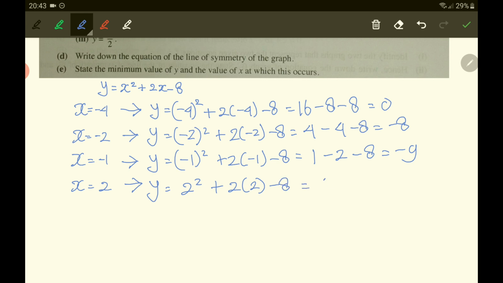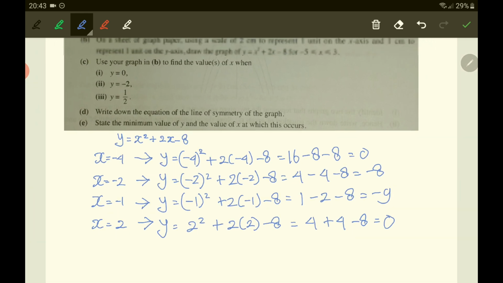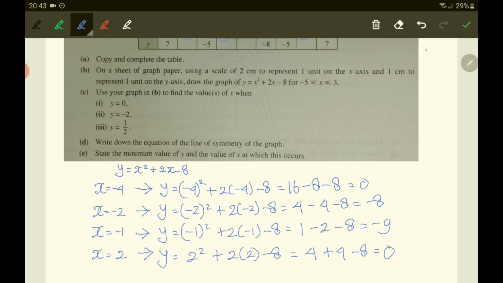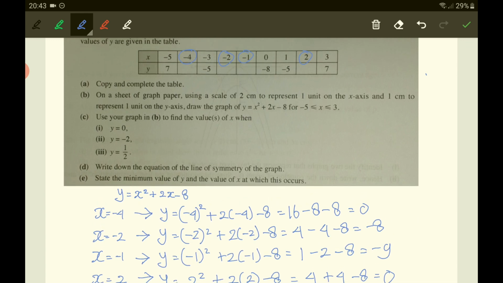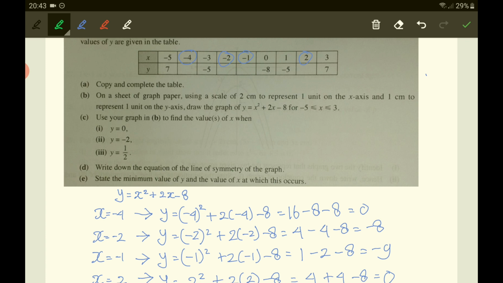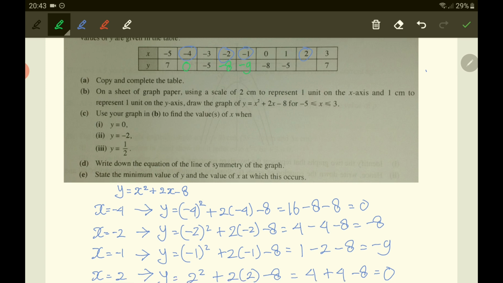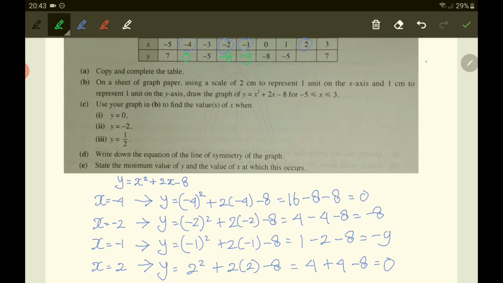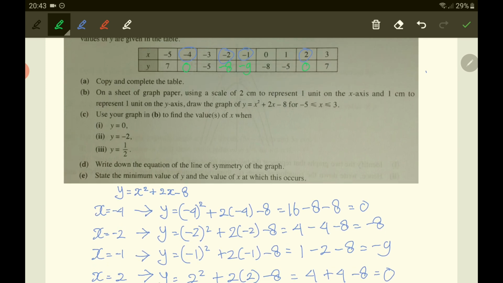So we got 4 plus 4 minus 8, which is 0. So we can substitute these values into the table.